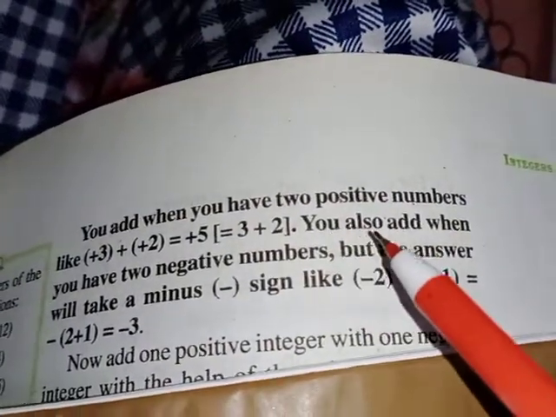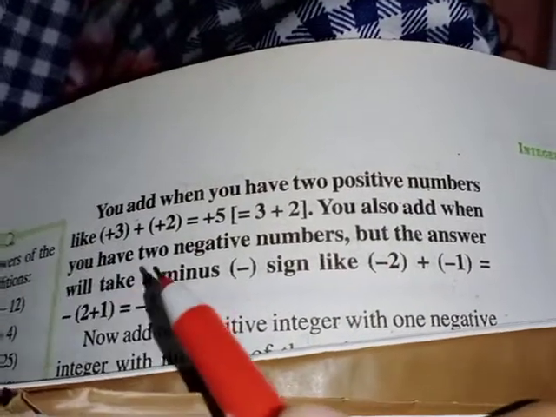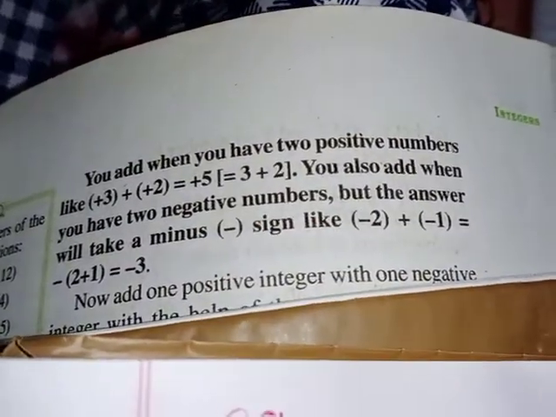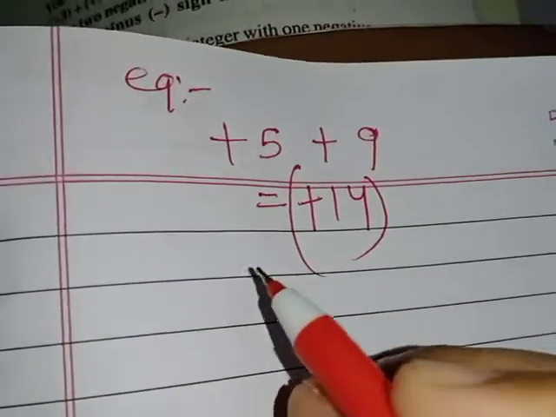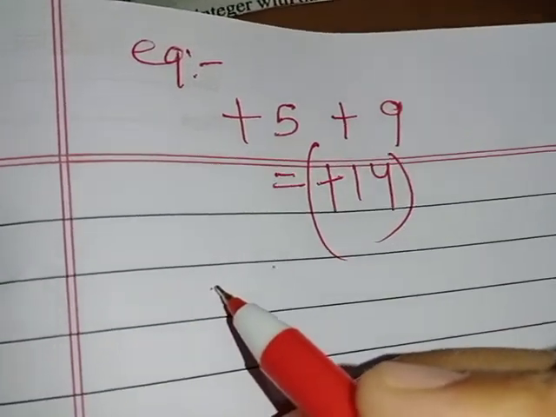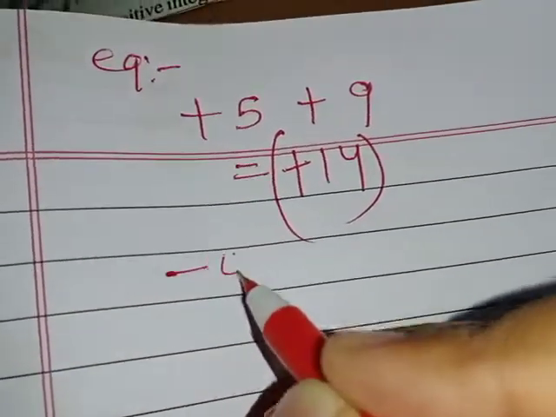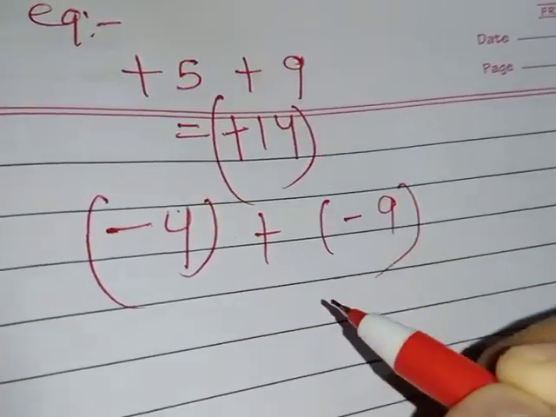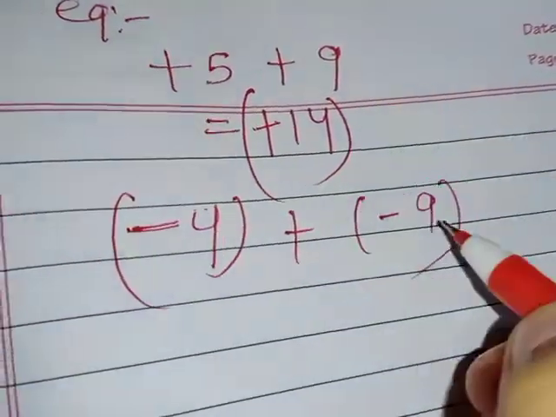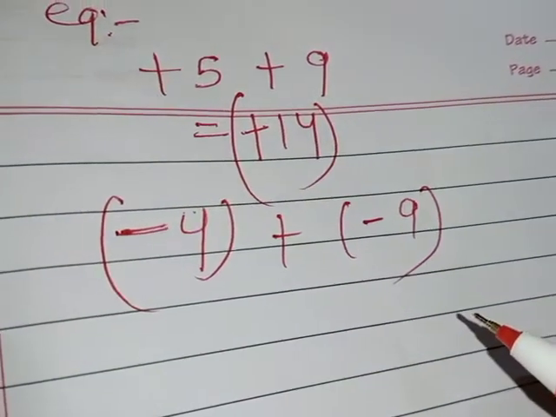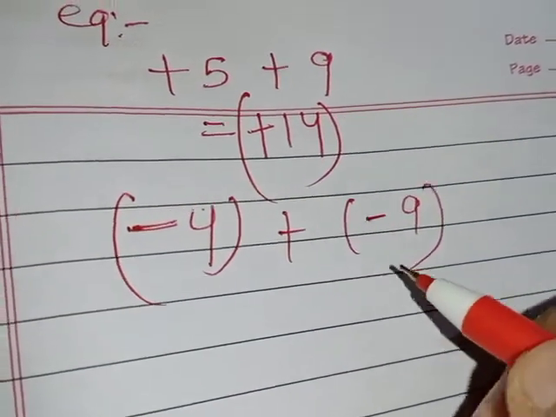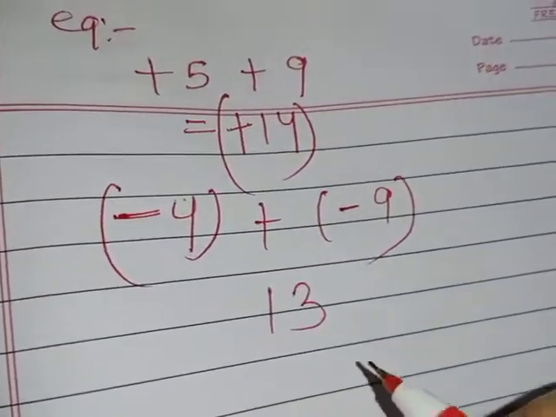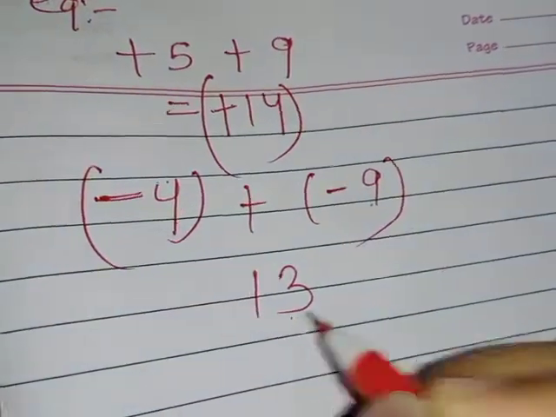Then next point, you see, you also add when you have two negative integers. Now when we have two negative integers, for example, we have minus 4 and we have minus 9. When we have two negative integers, that time also we will add them. 9 and 4 we will add.